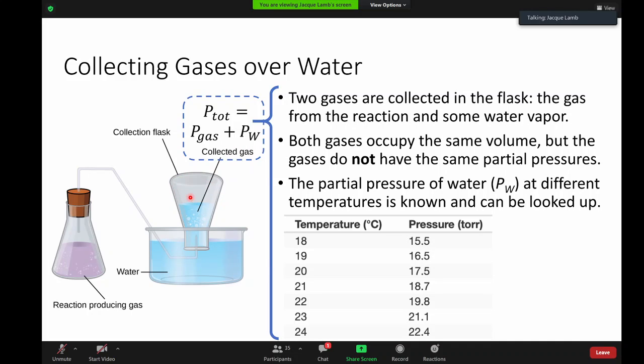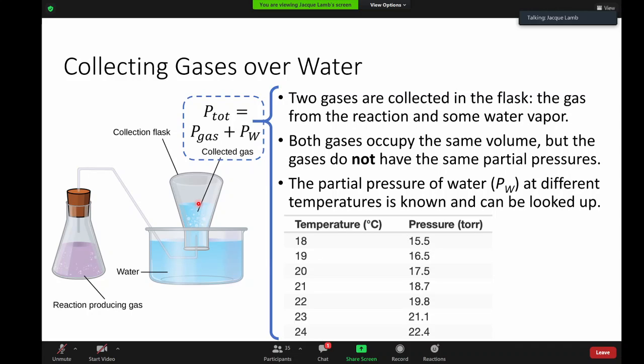And the total pressure in this system is equal to the sum of the partial pressures, the gas we're collecting plus the water vapor at that given temperature. And the partial pressure of water is very well known. There are tables of it. You can look it up.